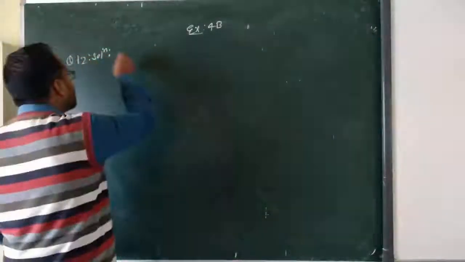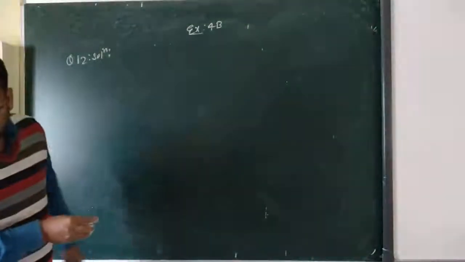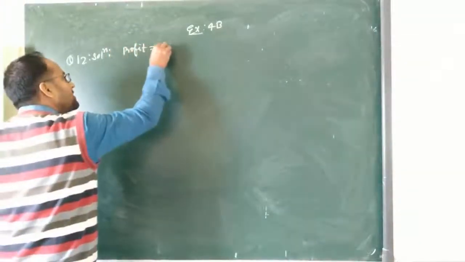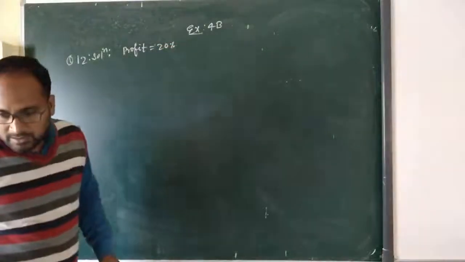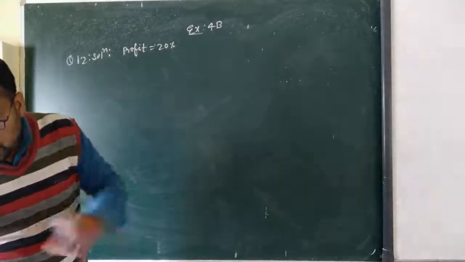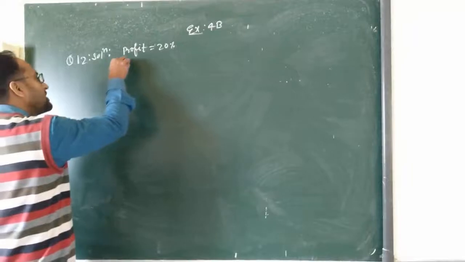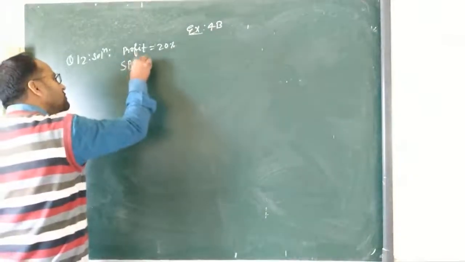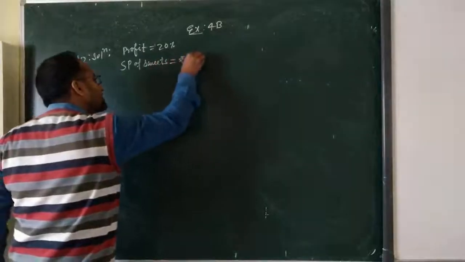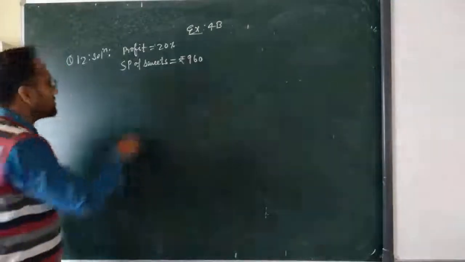So whatever is given in this question, first we write this one: profit is given, 20%, by selling sweets for rupees 960. So the selling price SP of sweets is given as rupees 960, which means the cost price is not given. So our aim is to suppose the cost price.